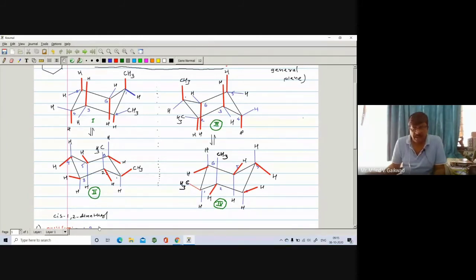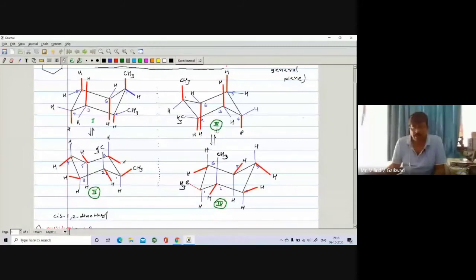Similarly, number 1 and number 3 are mirror images of each other, and they are enantiomers of each other. They are the non-superimposable mirror images of each other.